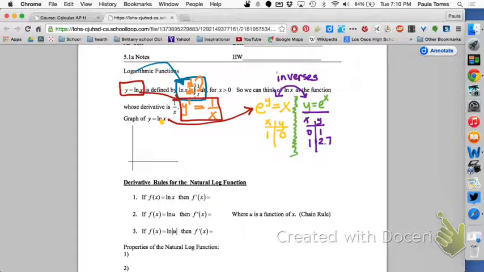And so what's happening for e to the x, we'll graph this one in green since I wrote it in green over there, is that it looks like this. And remember, inverses are nothing more than mirror images across the line y equals x.